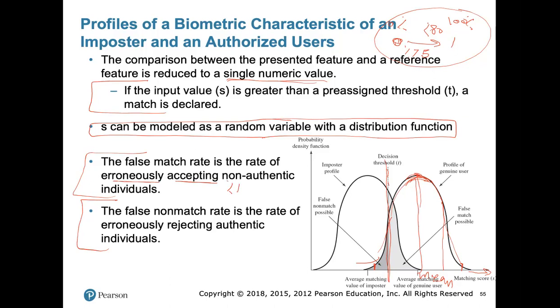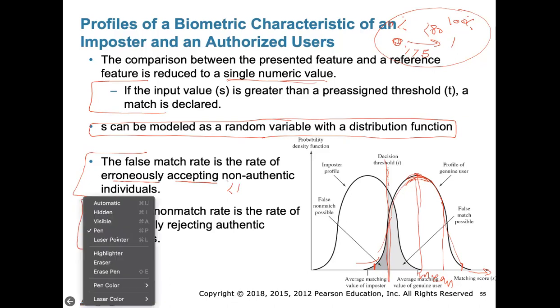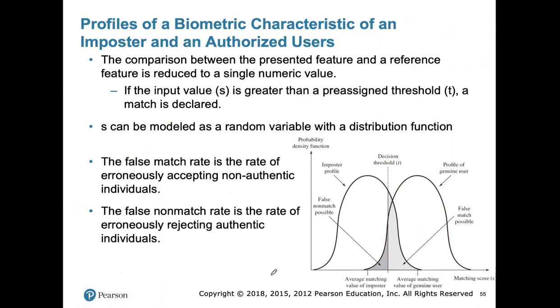So this is the false match. This area, this lighter gray, is false match. Why? Because this is a profile of a non-legit person, a person who is not enrolled here. And this is a profile of a genuine or legit person.